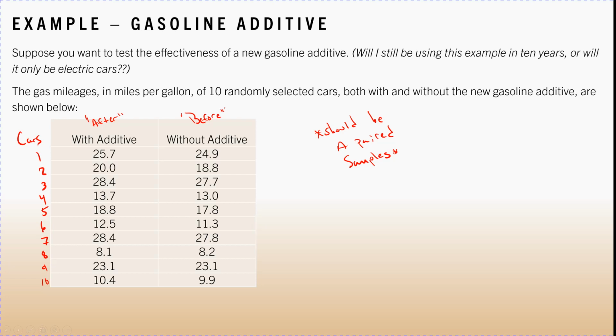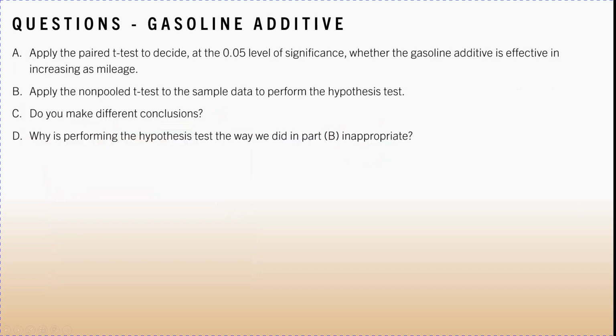All right, so here's what I want to do. I want to apply the paired t-test to decide at the 0.05 level of significance whether the gasoline additive is effective at increasing the miles per gallon, on average.